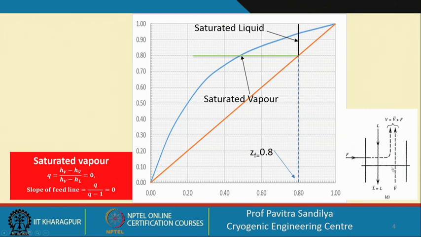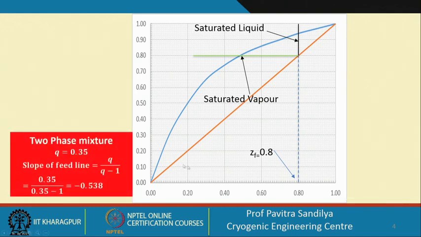So, it is going to add to the vapor flow rate coming from the stripping section, so that the vapor flow rate in the enriching section is getting increased, whereas the liquid flow rate remains the same in both the enriching section and the stripping section.